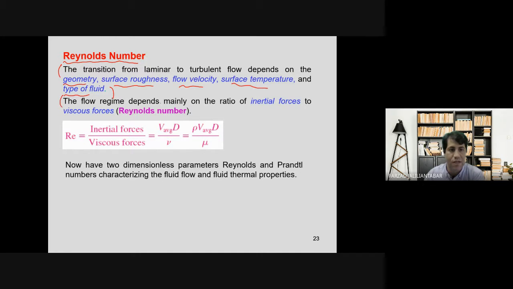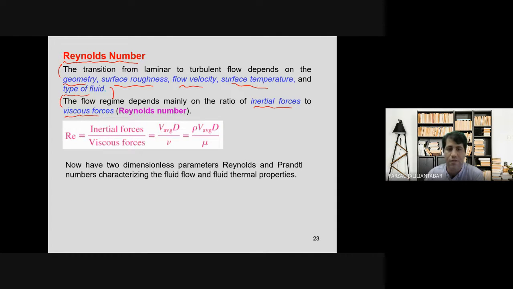The flow regime depends mainly on the ratio of the inertial forces to the viscous forces. Inertial forces can be shown by this. This is a simplified value, not the actual value of the inertial forces, and we are not going to go into all the details of the calculation, just show the important ones.